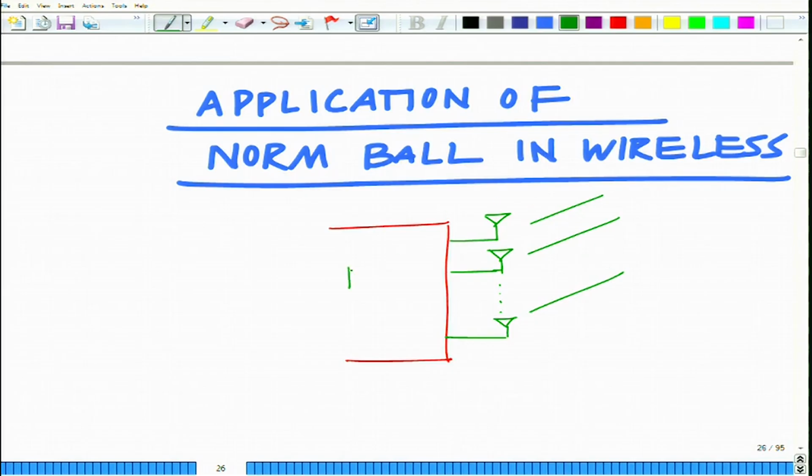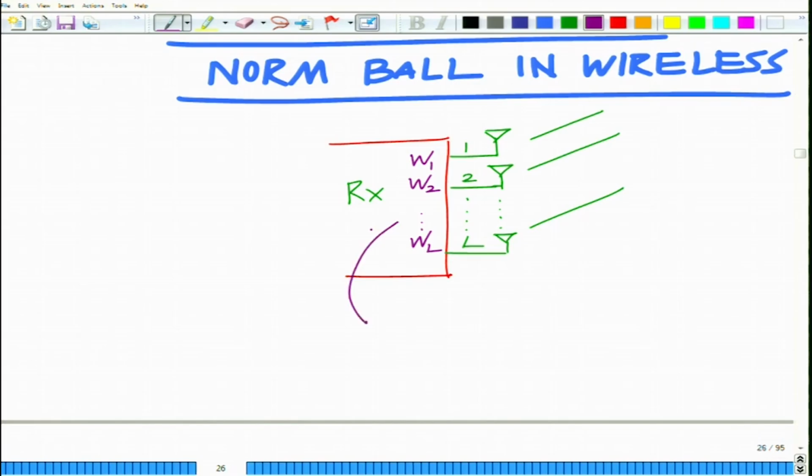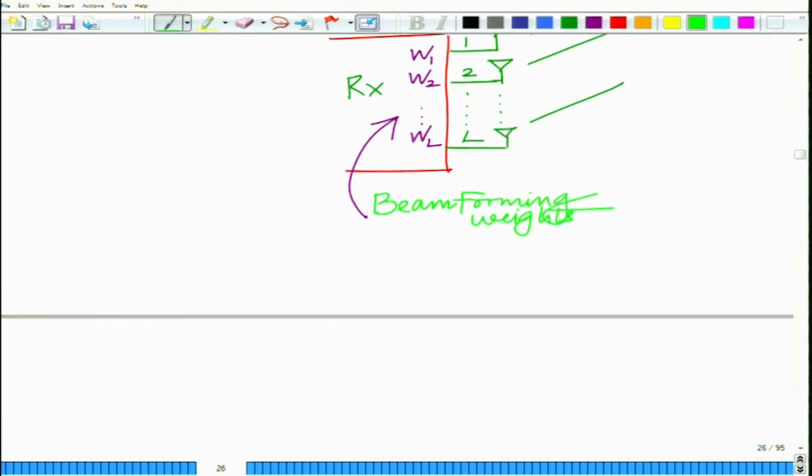So, this is again your multi antenna receiver, and these are antennas 1, 2 up to antenna L, which we are combining using our beamforming weights W1, W2 up to WL. Recall that these are the beamforming weights.